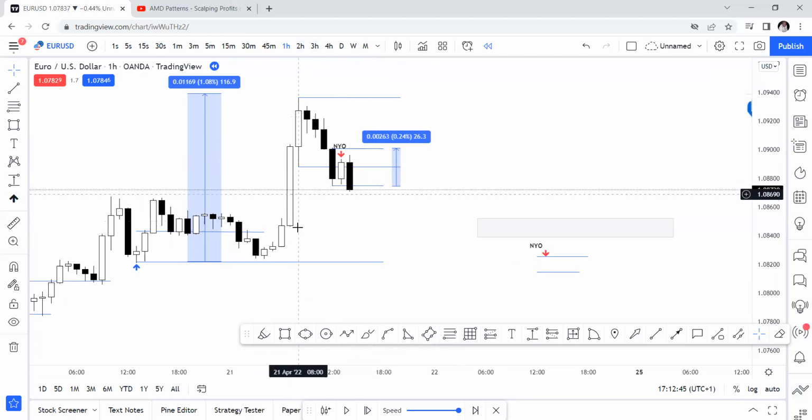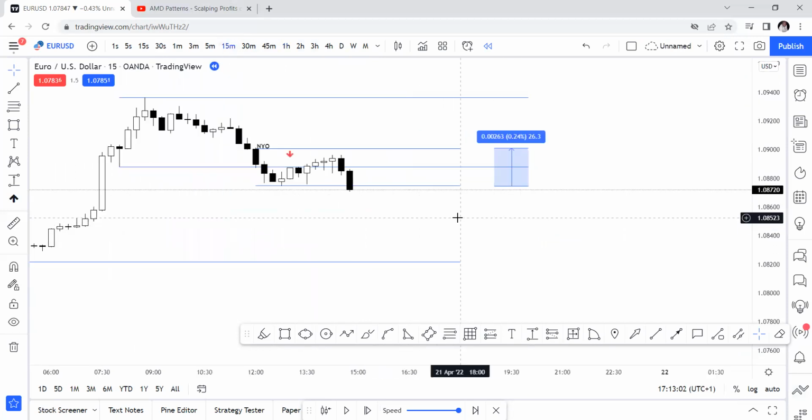If you can see here, this is a very good point. Here is retesting it, and so automatically I'm seeing this going to be a retest, a pullback upward. Then you may go to your 15 minutes and see something like this. On 15 minutes, this is a close below this range.